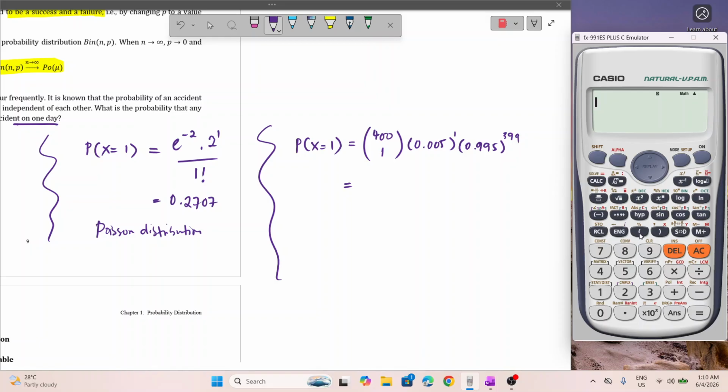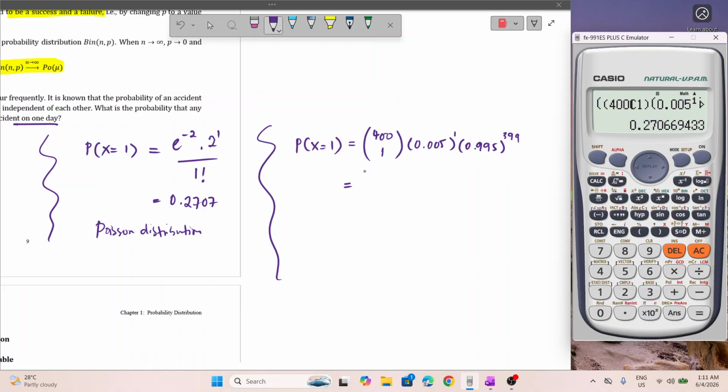I will do it one by one. So 400 C 1, times 0.005 to the power of 1, close the bracket, open the bracket again, 0.995 to the power of 399, and enter.